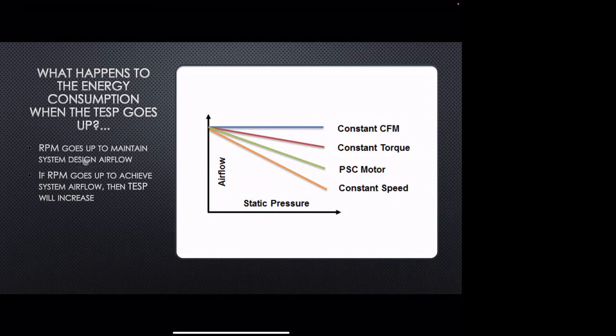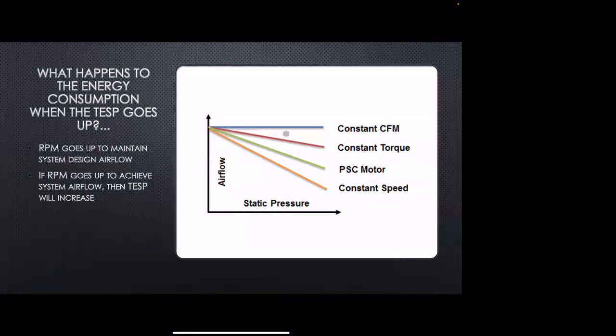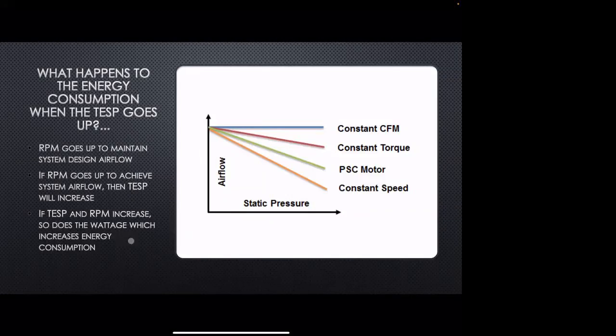So if RPM goes up to maintain that system design airflow on that constant CFM motor, TSP increases, and if static pressure and RPM increase, so does the wattage or energy consumption of that system.